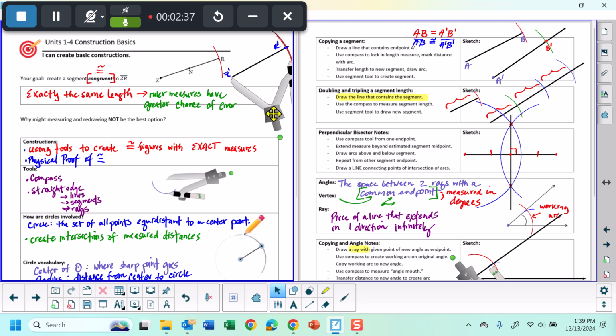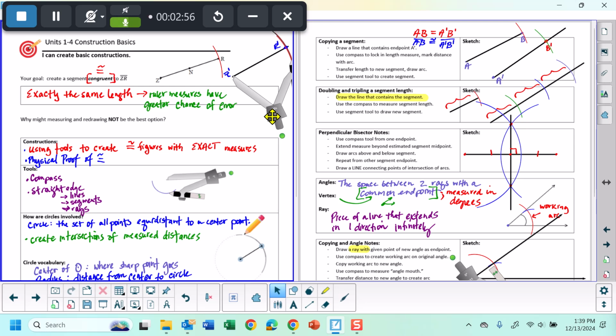That actually is more accurate than putting a numerical measure to it, inches or centimeters or whatever units we're using. Because I'm locking that distance into this compass, I'm guaranteed to have exactly the same length when I transfer it over.